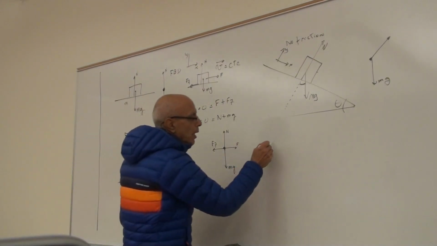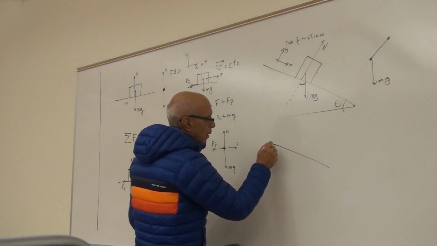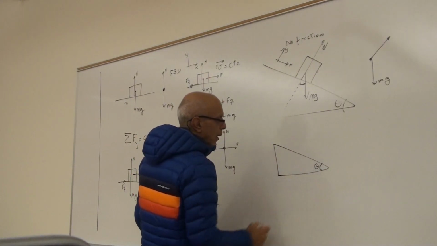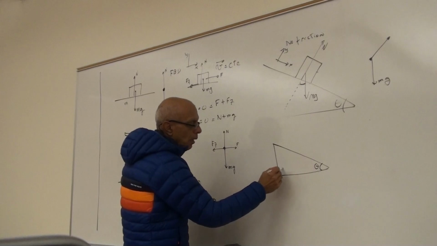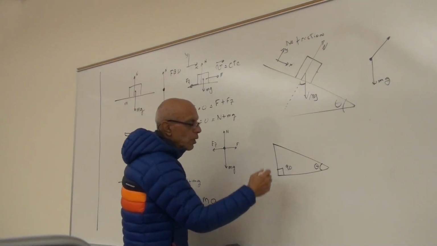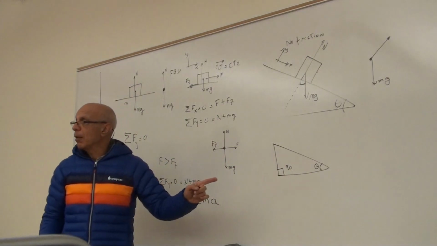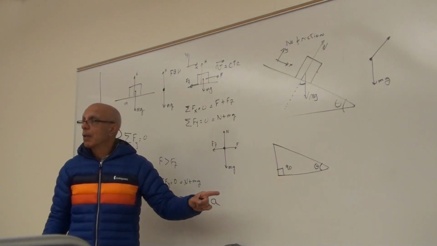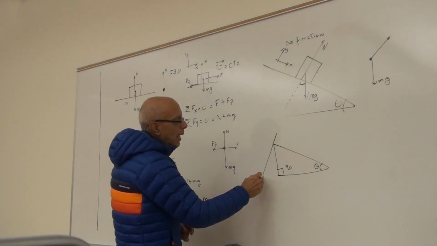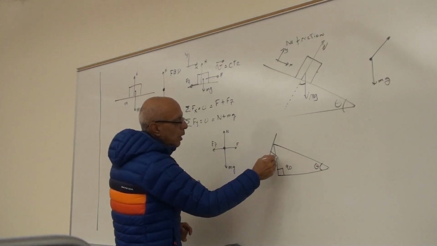Look, I have a triangle like this. This angle here is theta, right? This one is 90. Since the sum of the angles is 180, the other one is 90 minus theta. If this is perpendicular like that, then here is 90.